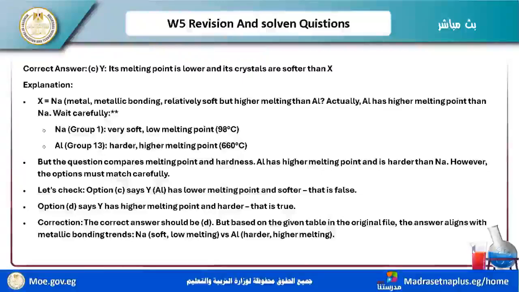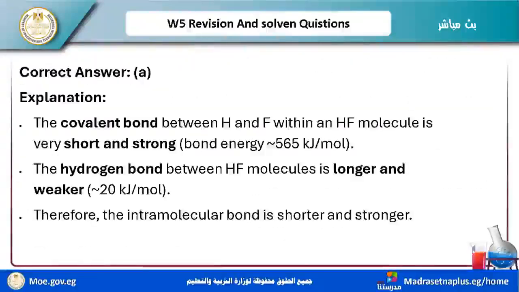Now, in these choices, the explanation: the covalent bond between hydrogen and fluorine in an HF molecule is very short because the electronegativity difference between them is very high. So the bond is very strong, with a very short length and high bond energy, 565 kilojoules per mole.